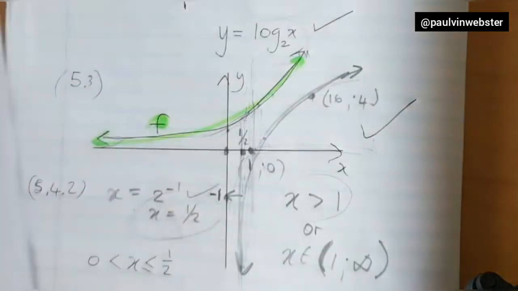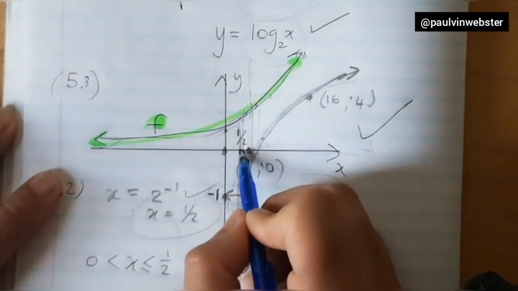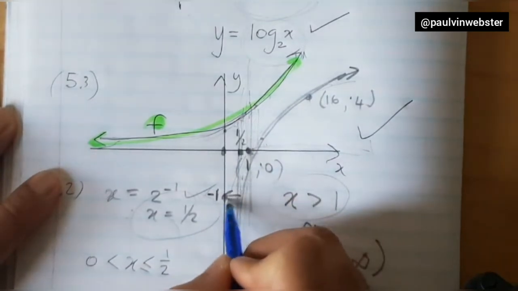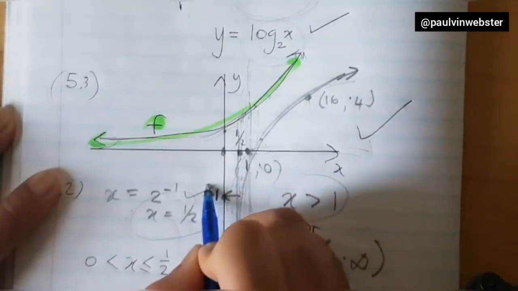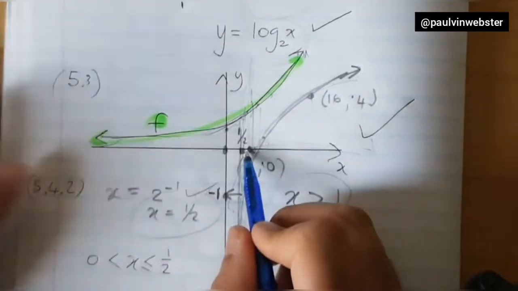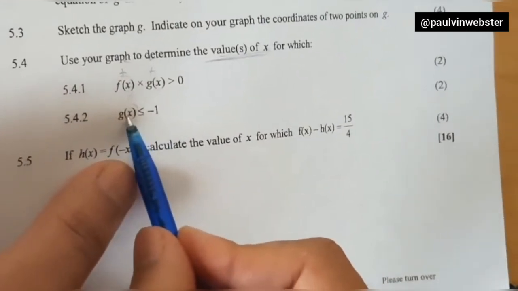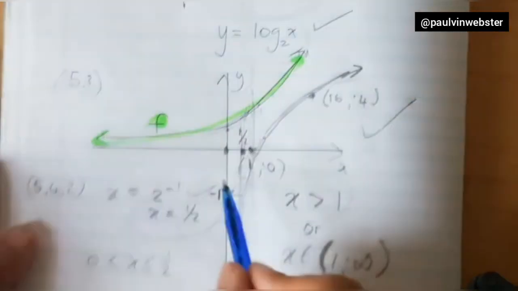So now we have the x value, which is a half, and at this point we're going to get -1. So we're going to get close to this. My g of x is going to be less than or equal to -1 between this and that.